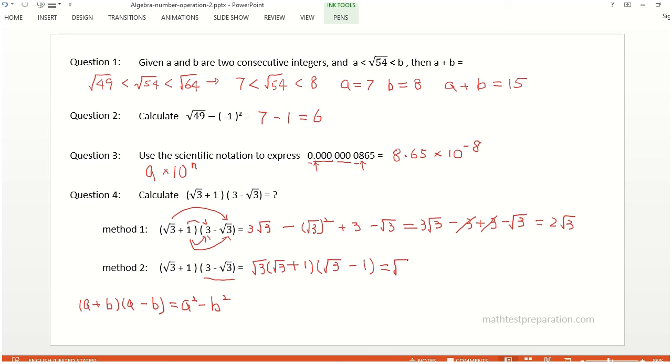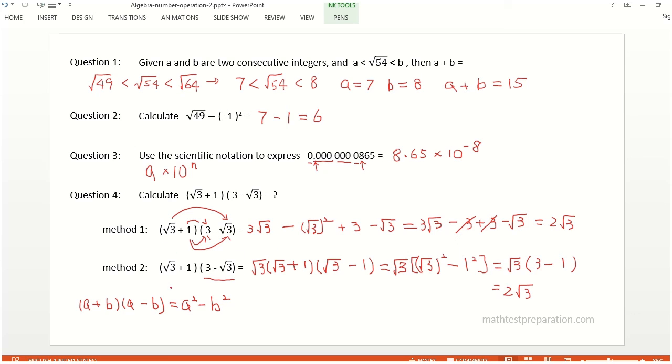We get square root 3, first term, square root 3 square subtract second term square. First term square root 3 square is 3. Second term 1 square is 1. So we have 3 subtract 1 is 2 times square root 3.